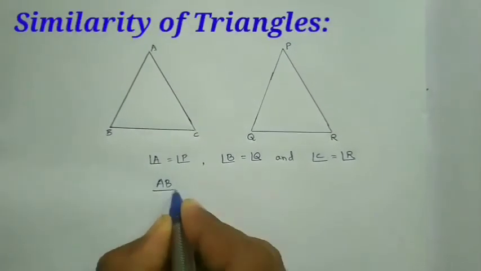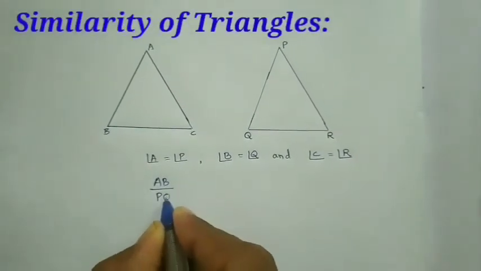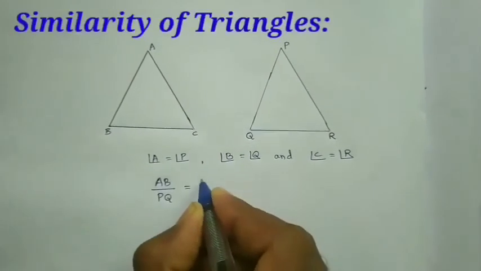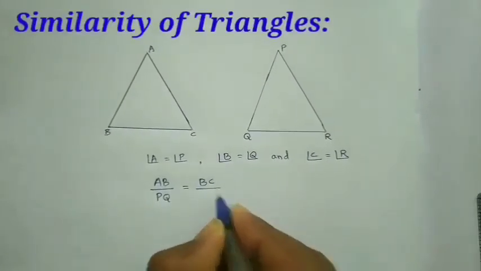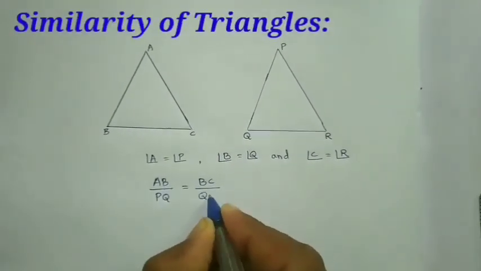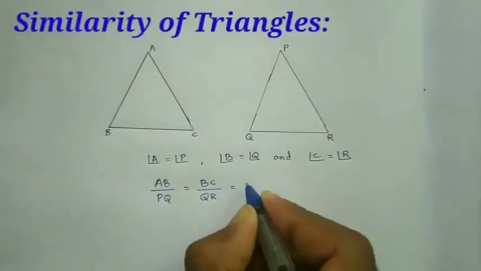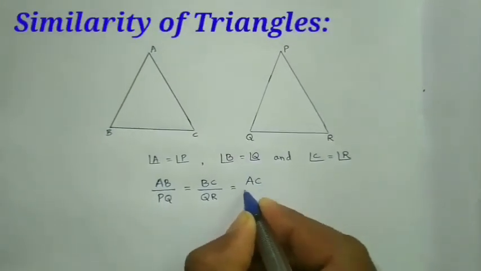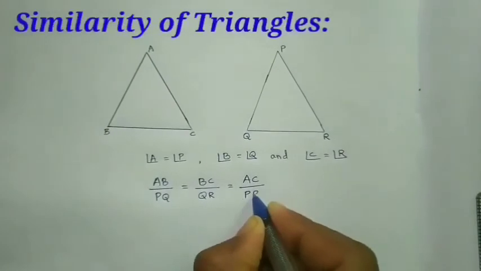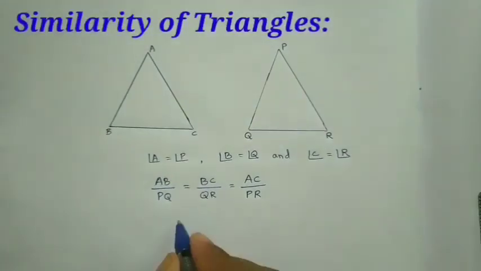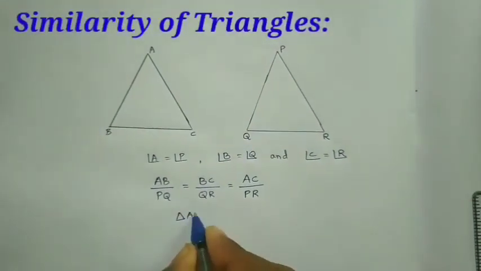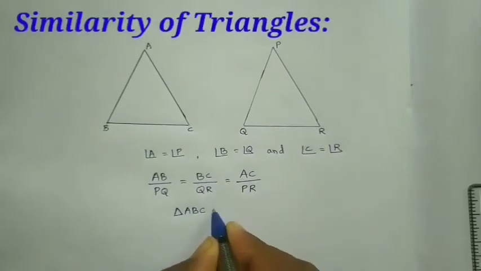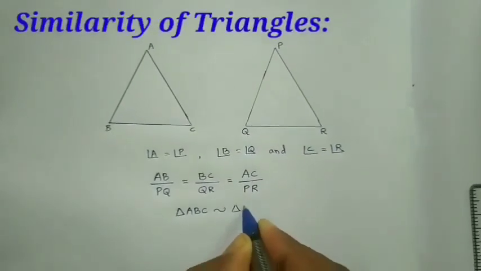It means AB by PQ equal to BC by QR equal to AC by PR. Then we can say triangle ABC is similar to triangle PQR.